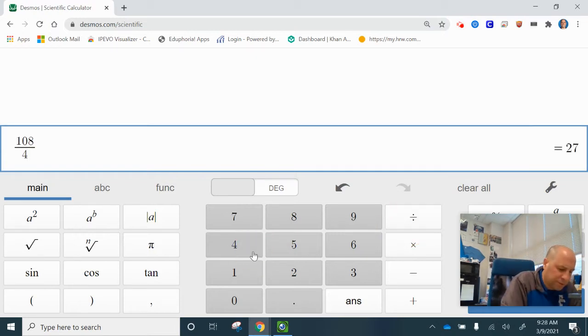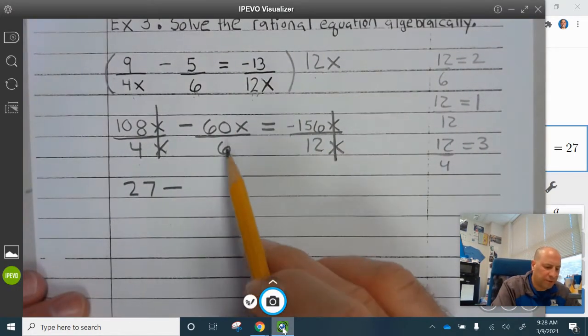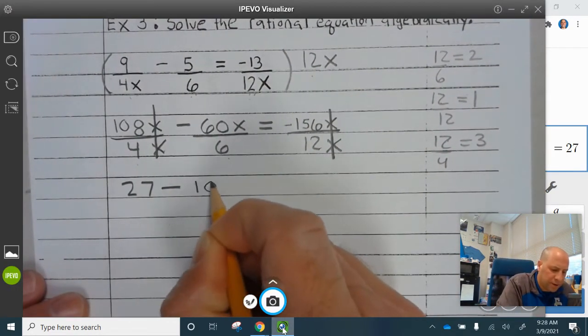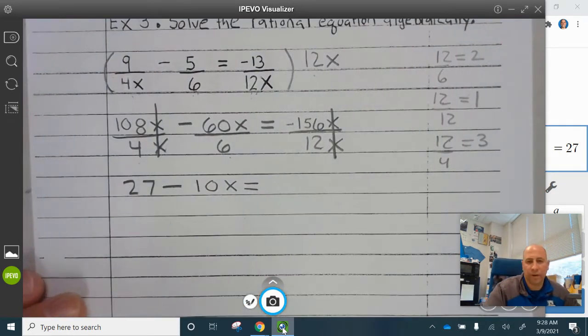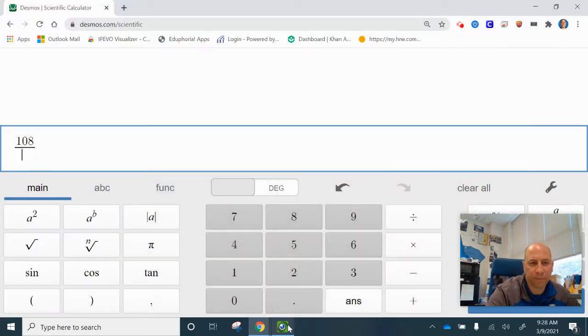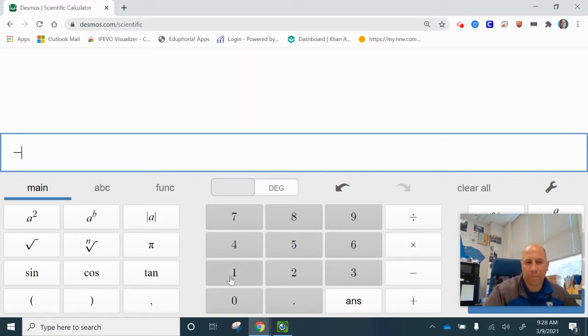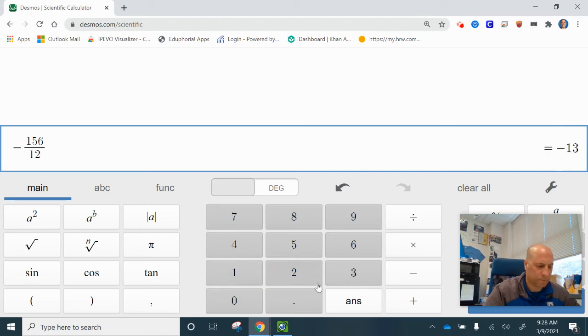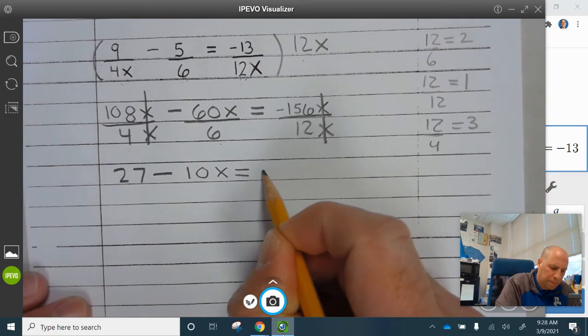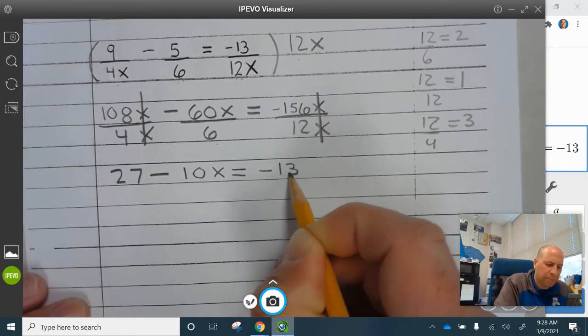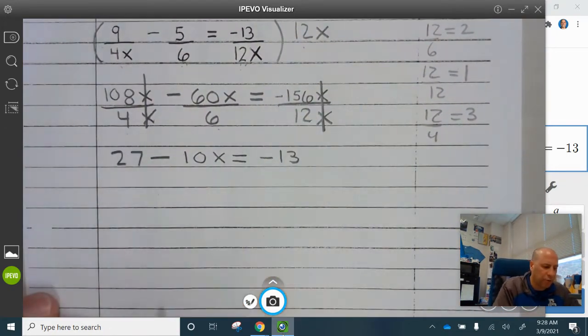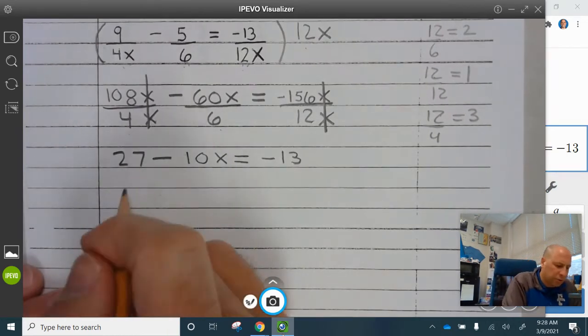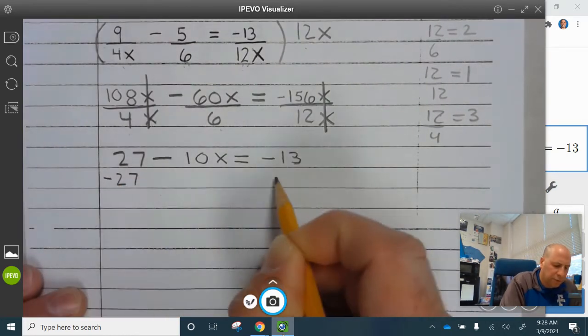So that's 27 minus, well, 60 divided by 6, that's easy, 10x equals, and then negative 156 divided by 12 is negative 13. Now you'll notice by multiplying by the common denominator, the fraction goes away, and then we just solve for x. So we're going to subtract 27 from both sides.